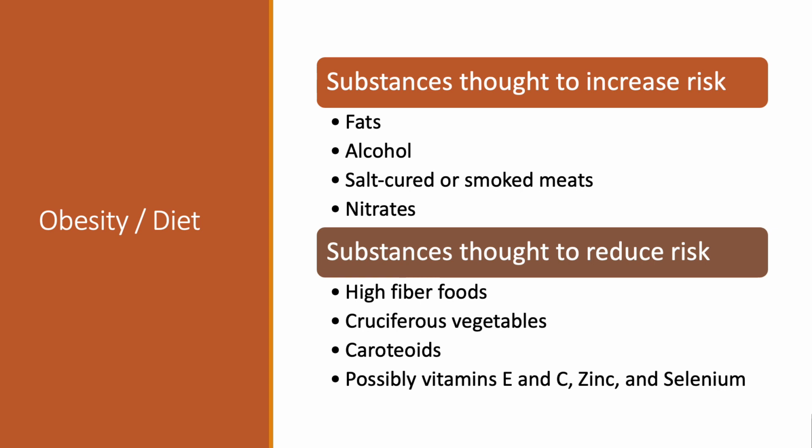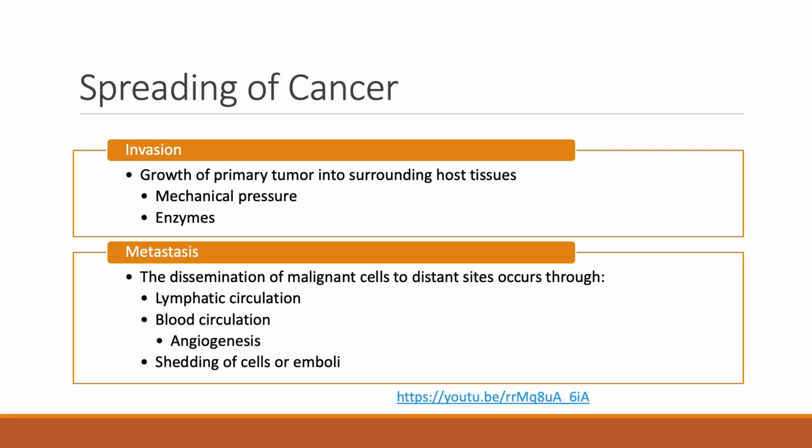So high fiber foods, cruciferous vegetables, carotenoids, and possibly vitamins E and C, zinc and selenium. There's not a lot of evidence that supports that, but a little bit. So you'll see patients that take extra E and C for cancer prevention.